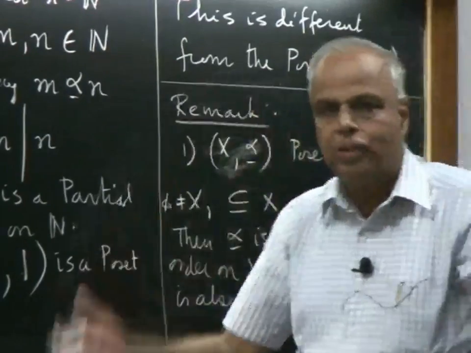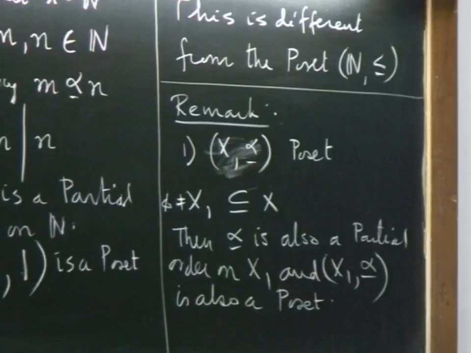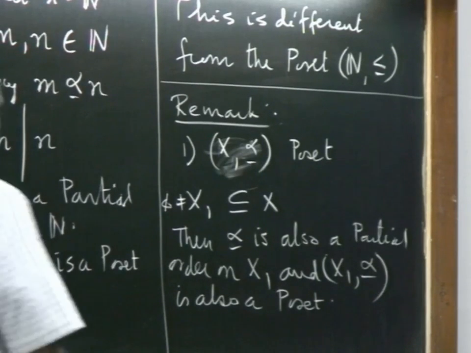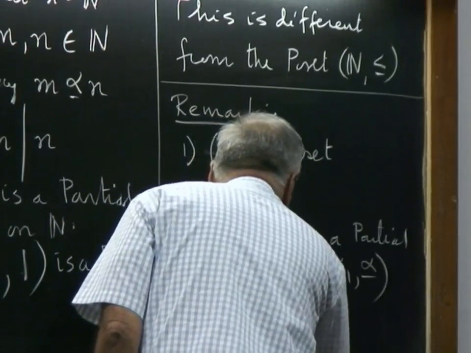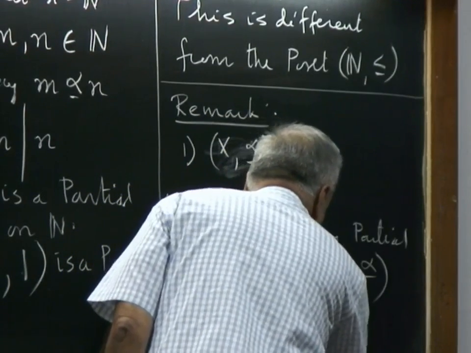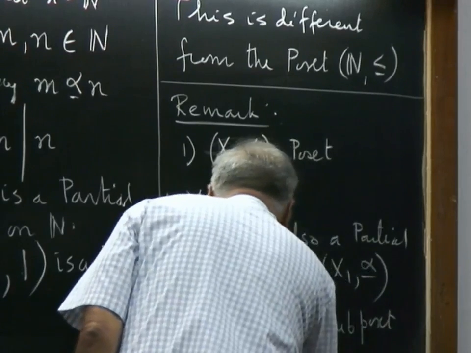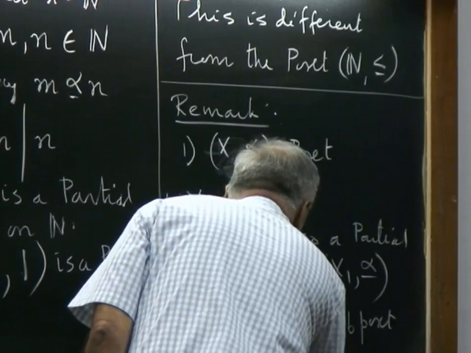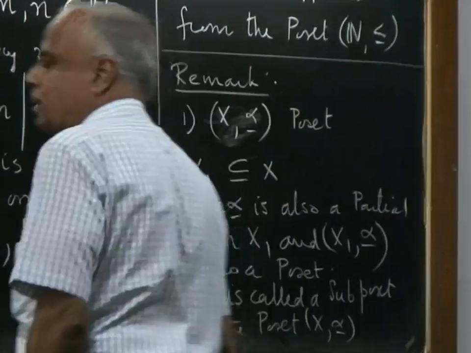So, there is a big poset, inside that a small poset is sitting, and the small poset uses the same order that it had originally in the bigger world. We call this a subposet of the original poset.